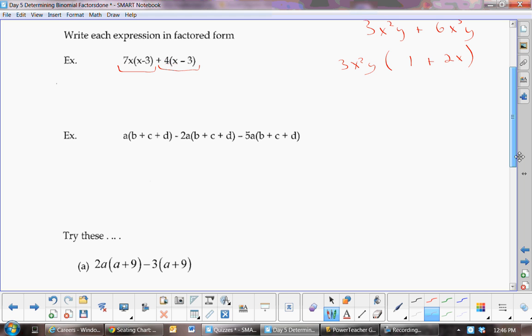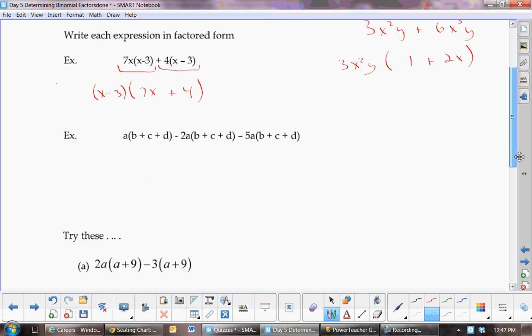An x minus 3. So let's take that out, x minus 3. What would they be left with? 7x plus 4. Okay, so now it's like, if they both have an x minus 3, you can take it out, if it's in brackets like that.